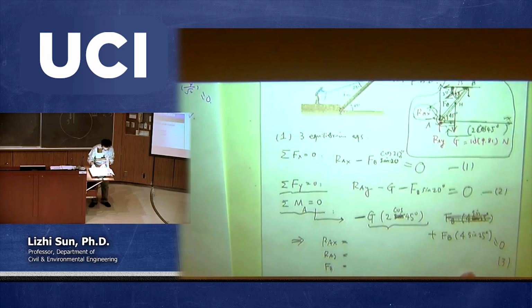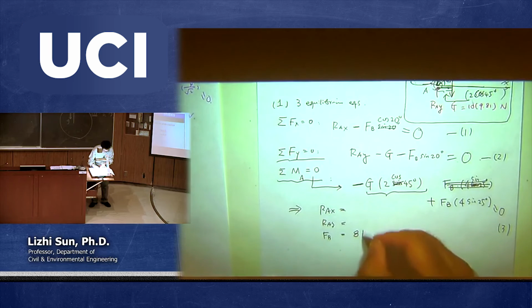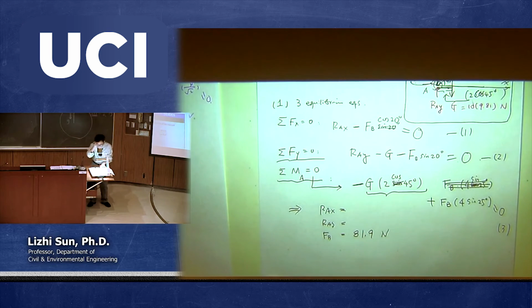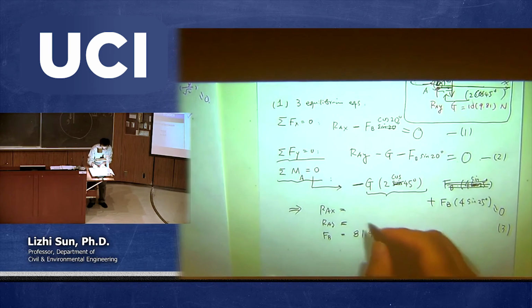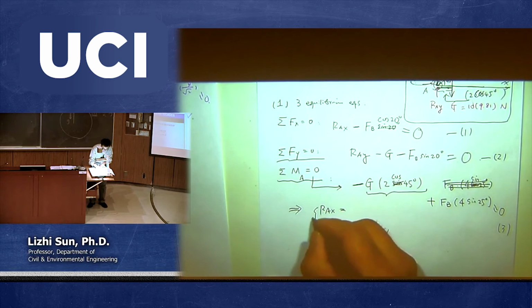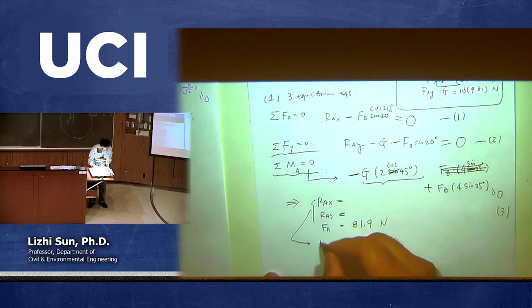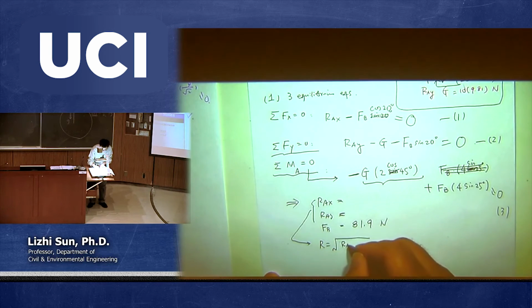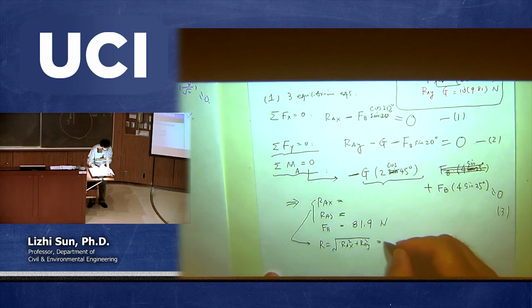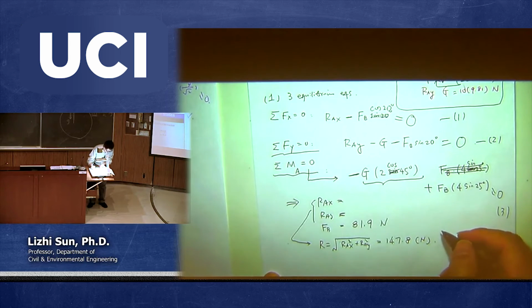Okay, so let me give the answers for these three magnitudes. FB is 81.9 Newton. And then RAX and RAY, the book doesn't give me these. Combining them, the magnitude of this R, which is the square root of RAX squared plus RAY squared, is 147.8 Newton. And then the direction, alpha, is 58.6 degrees.